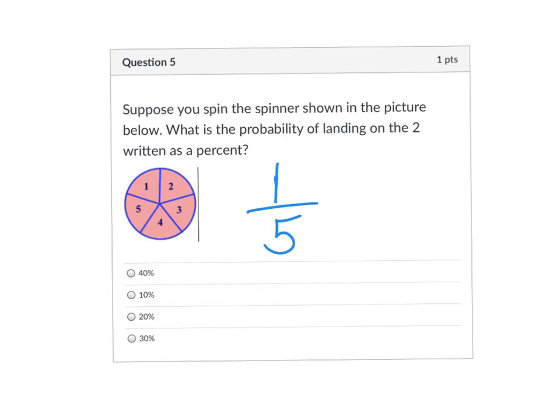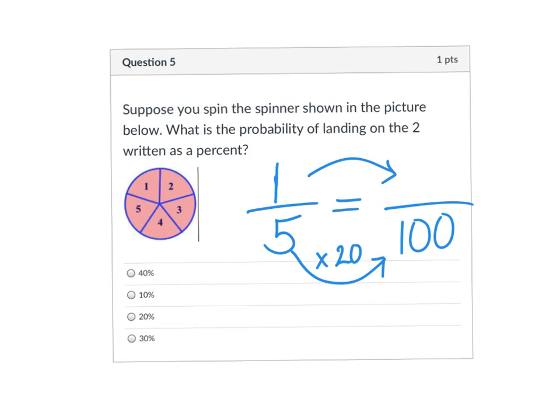So that's 1/5. But I want to write it as a percent, and I know percent means per 100. So I'm going to write an equivalent fraction out of 100. 5 times 20 equals 100, so 1 times 20 equals 20. So 20 out of 100 means 20%.